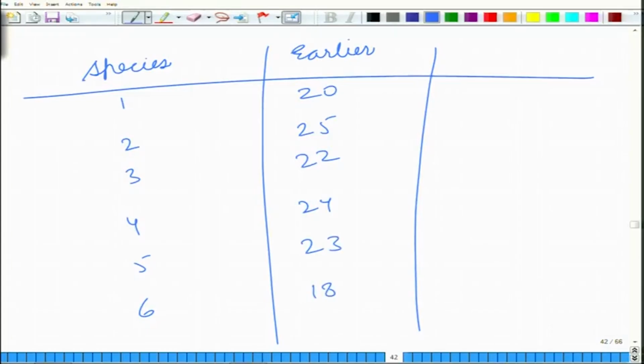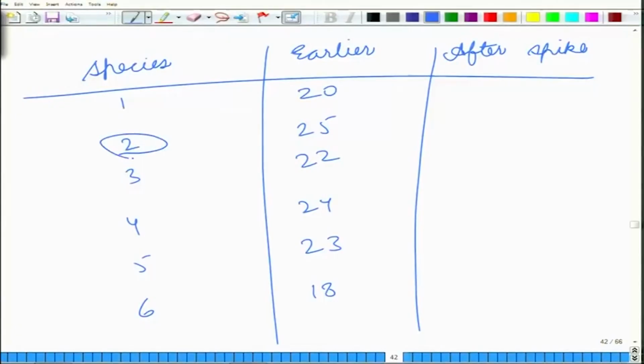Now once you have spiked it with the nutrients, there were some species that were able to prolifically use these nutrients. Suppose that was the second species. So after the spike, you have 20, 22, 24, 23 and 18, but in place of 25, let us say it increased to 10,000.